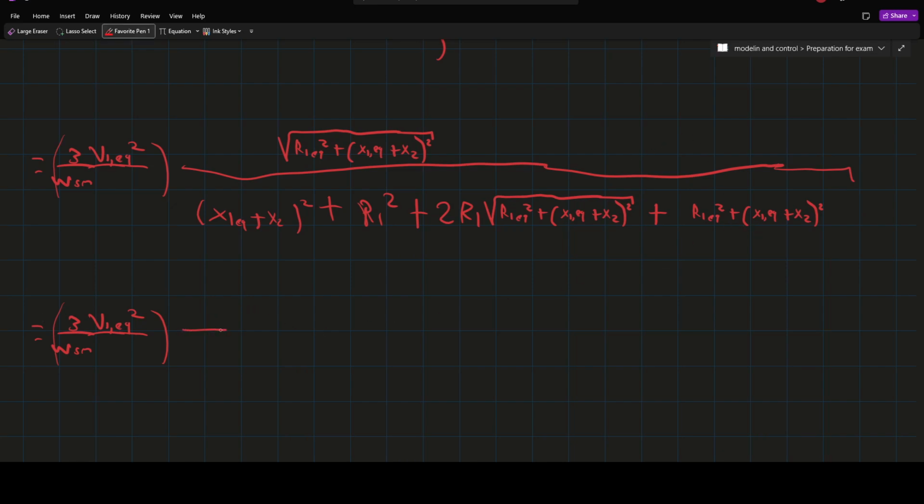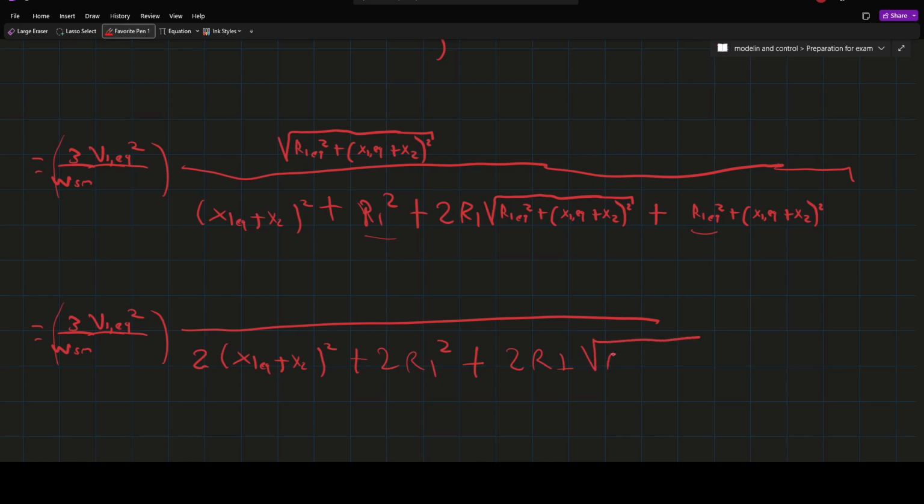So we're gonna have 2 this plus 2 of r1 square, this one and this one, plus 2r1 times r1 square plus h1 plus h2 square, and all this divided by this.